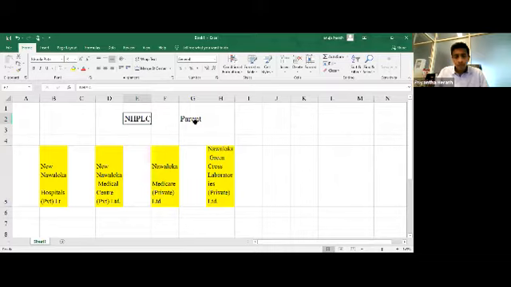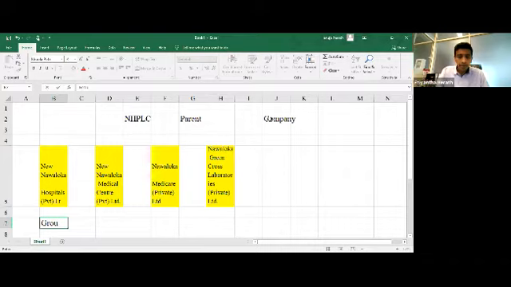In this annual report, when they refer to company, they refer to Navaloka Hospital PLC. When they refer to group, they refer to Navaloka Hospital PLC plus all these 4 subsidiary companies.